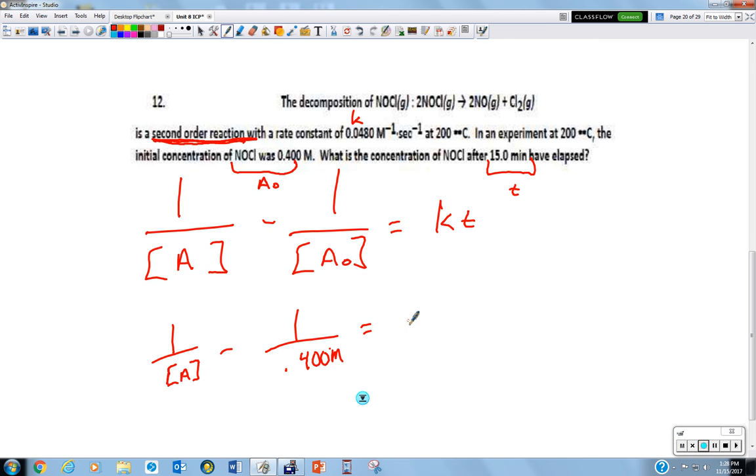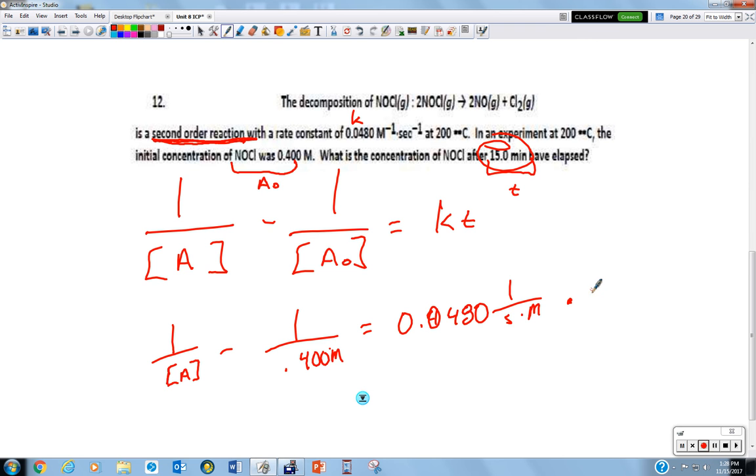And then our K is 0.0480 over seconds times molarity, times, and it says 15 minutes here, but it's in seconds, so we need to change that to seconds.